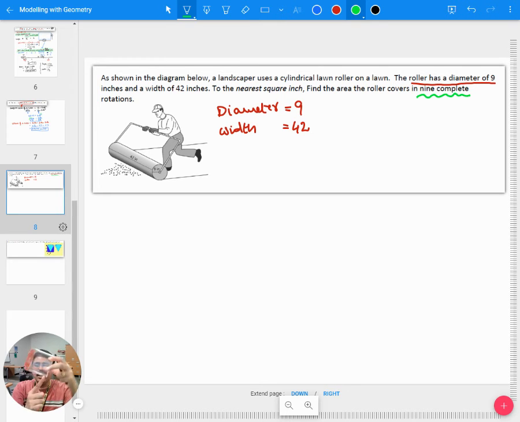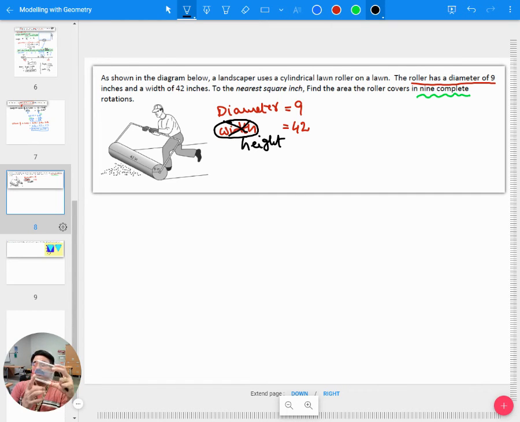Does it make sense? If I move this way, then I can consider this one as height. So let me rename width as height. The 9 complete revolutions we'll see later.